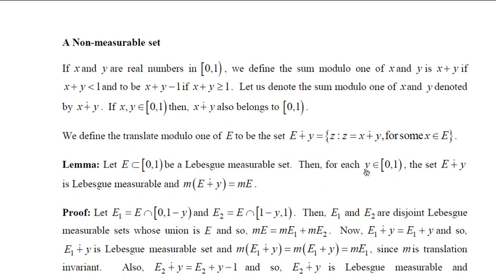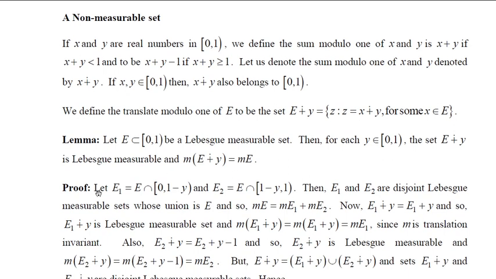Then for each y coming from the half closed, half open interval [0, 1), the translate modulo 1 of E, that is E ⊕ y, is a Lebesgue measurable set, and further the measure of this translate modulo of E is the same as the measure of E.